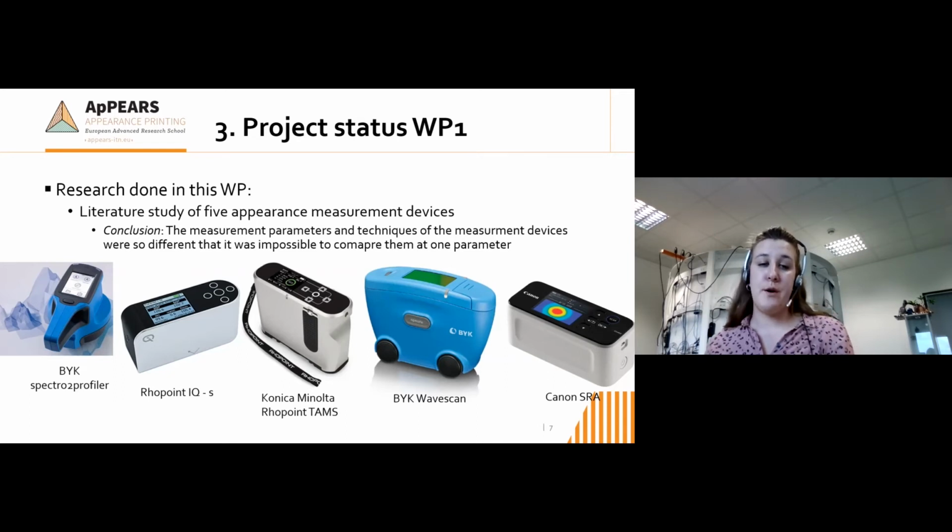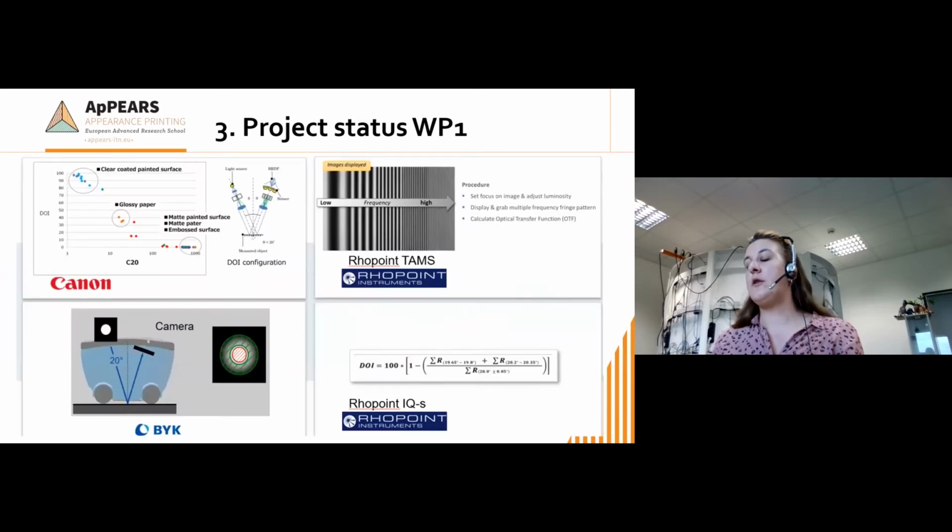But the first problem we ran into was that these 5 devices measure completely different parameters, but 4 of them measure the distinctness of image. But the problem was that they measure it in 4 completely different ways, so we couldn't compare it on a higher level.